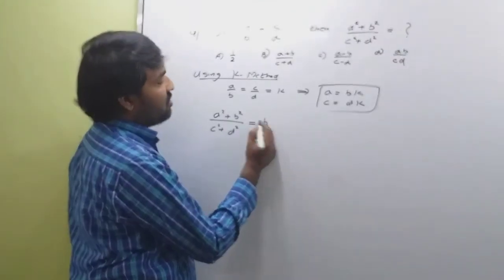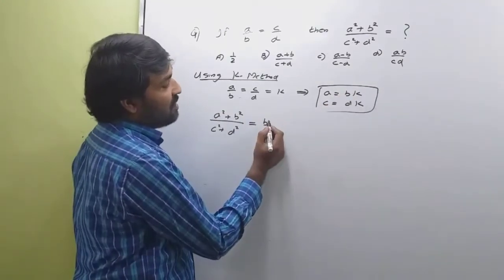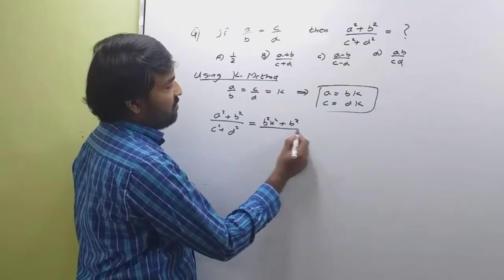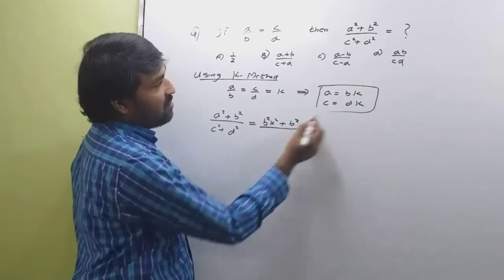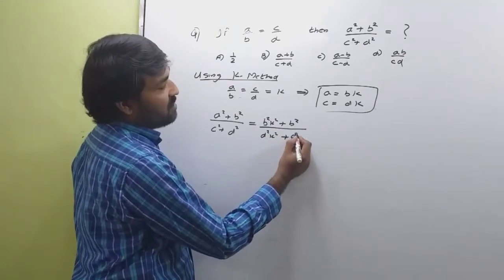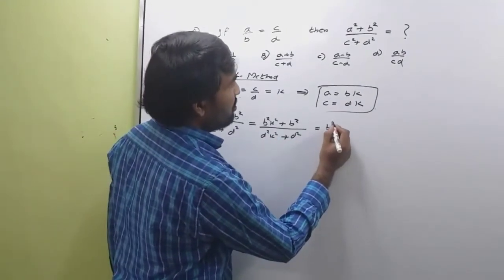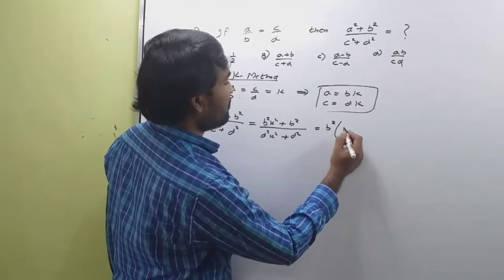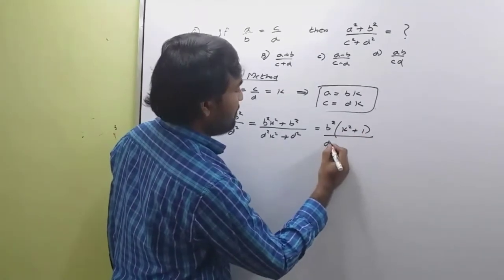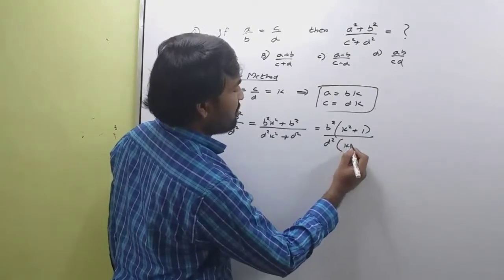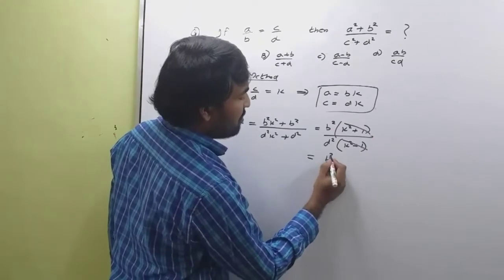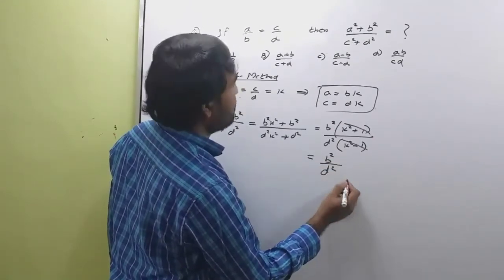So instead of a we can substitute bk, that is b square k square plus b square divided by c is equal to dk, d square k square plus d square, that is equal to b square into k square plus 1 divided by d square into k square plus 1. This cancels. So this is equal to b square divided by d square.